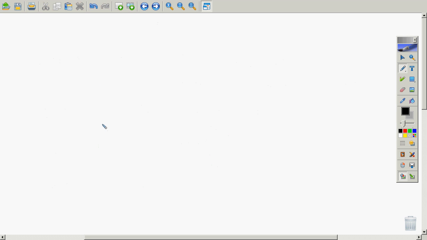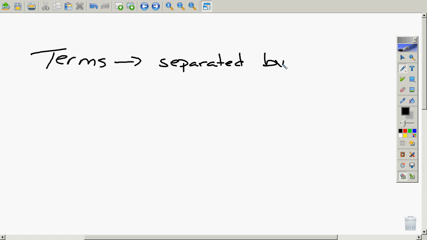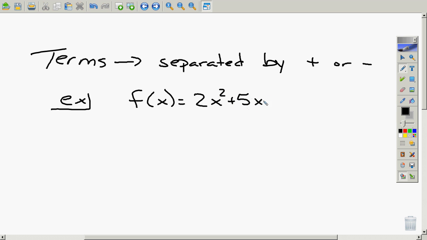Okay, let's go to our next thing, terms. You need to know what the term terms means. Terms in a function are separated by a plus or a minus. So for example, this function, 2x squared plus 5x plus 6, has three terms.